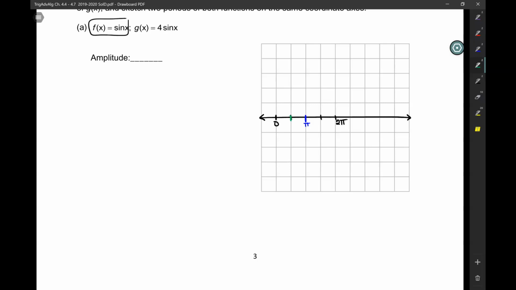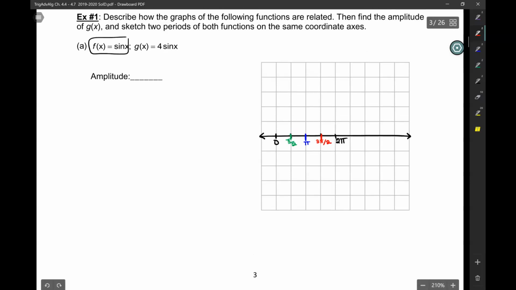Pi over 2. And then this one here is between pi and 2 pi. How much is that? 3 pi over 2. Once we do that, believe it or not, this was the hardest part of graphing a sine function.